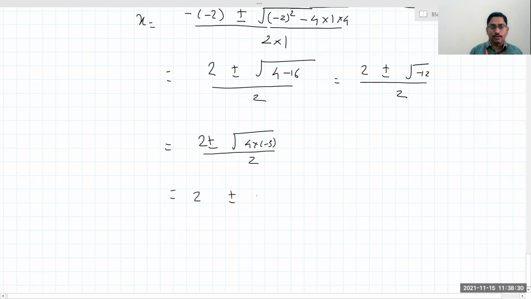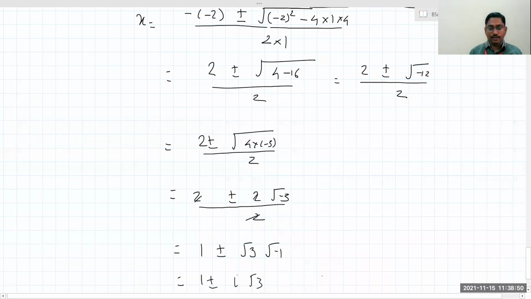So square root 4 is 2, and root of minus 3, you know, it is root 3i. These two can get cancelled. And finally, I am going to write this as 1 plus or minus square root 3 multiplied by square root of minus 1. So it is 1 plus or minus i root 3, where i is square root of minus 1. So these are the roots of x, two values.